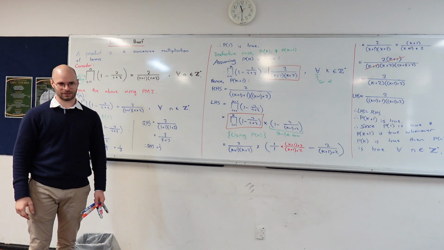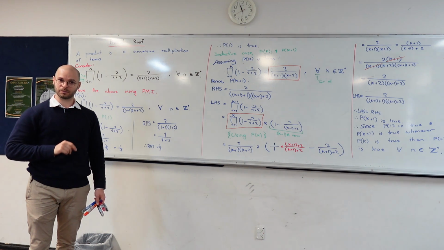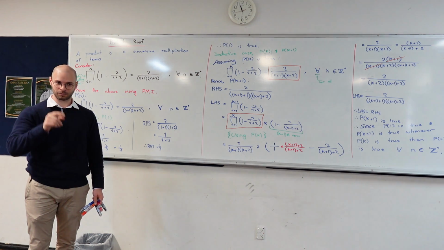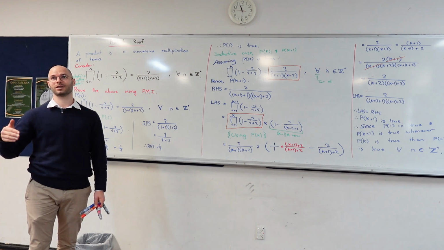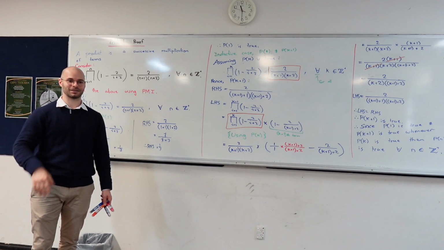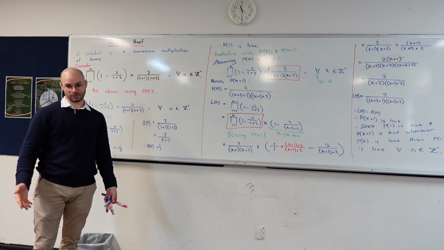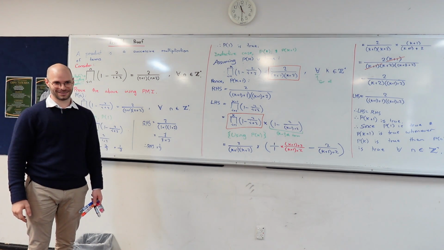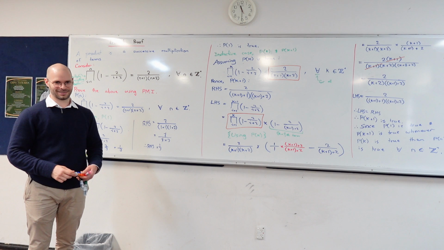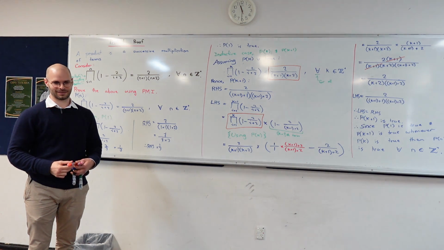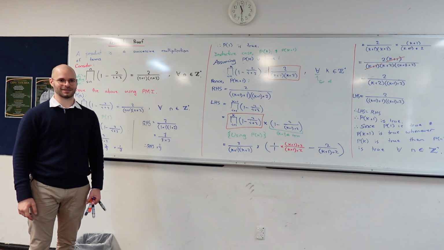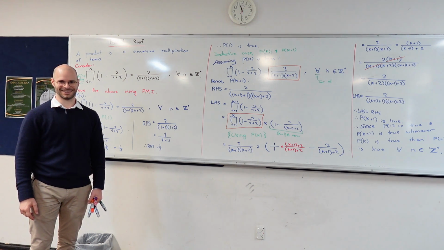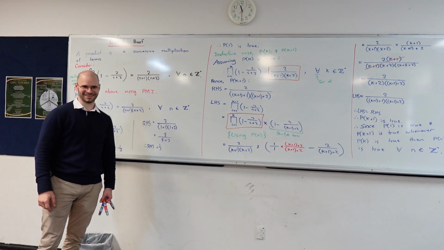I did some stuff and then, because it was a show-that question, I wrote a few things down and then just wrote what I had to show. And I didn't get full marks.